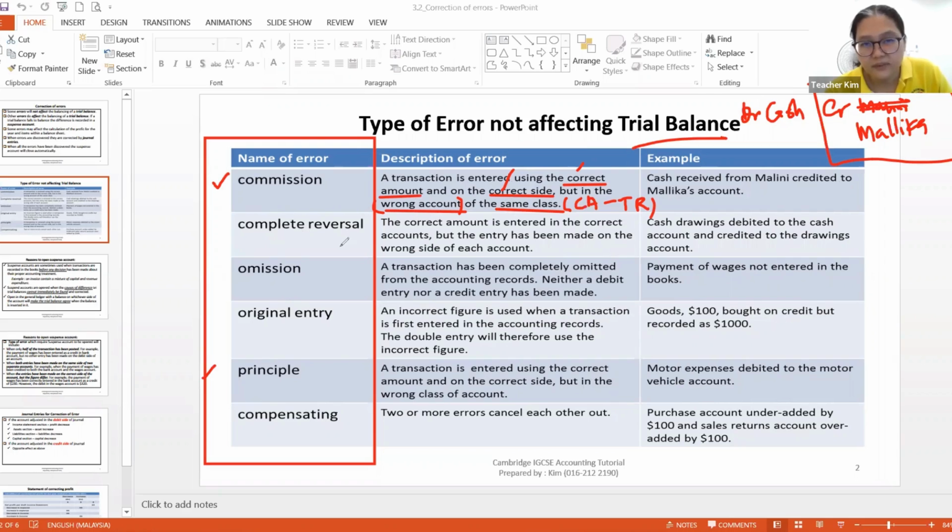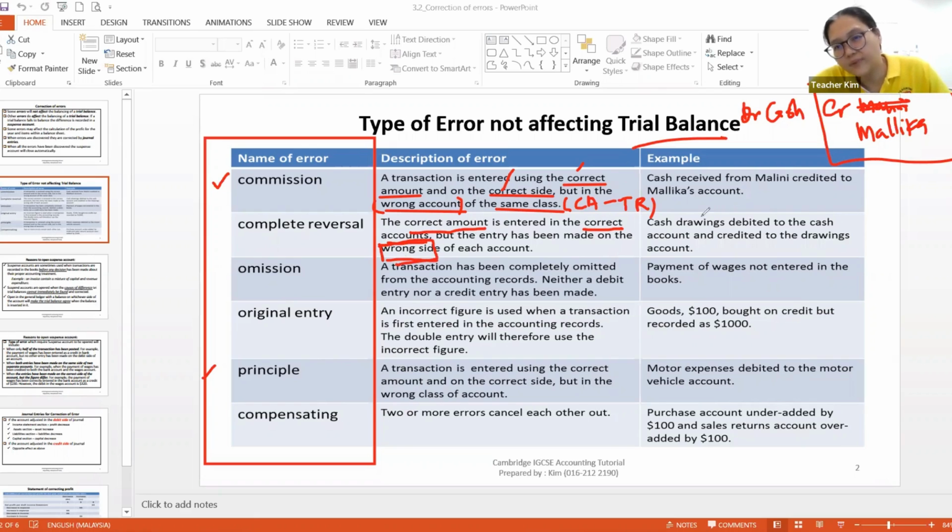Next, complete reversal. The correct amount is entered in the correct account, but the entry has been made on the wrong side of each account. Correct amount, correct account, but wrong side.